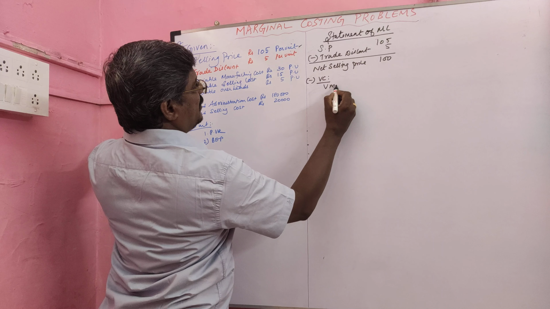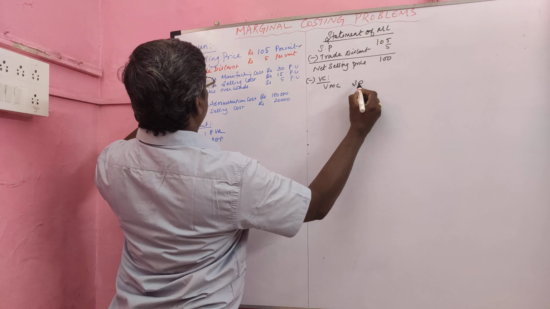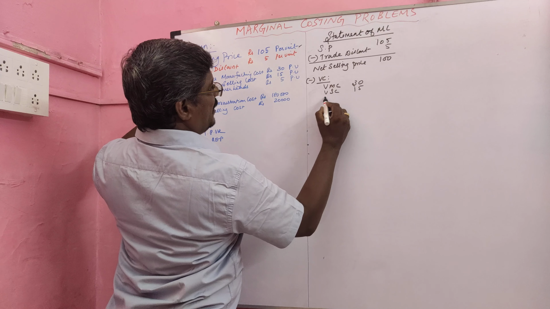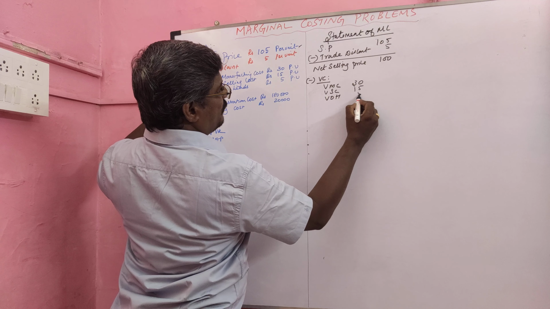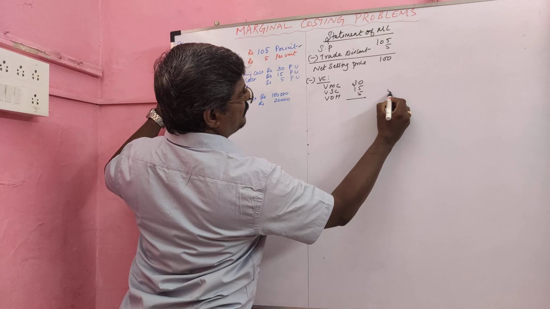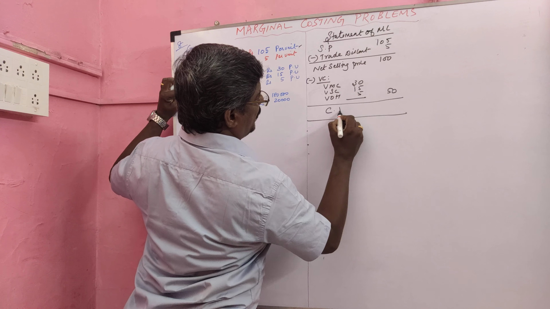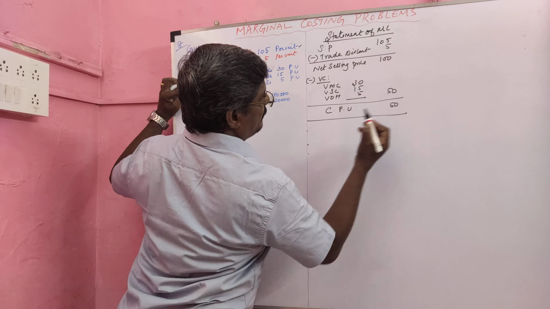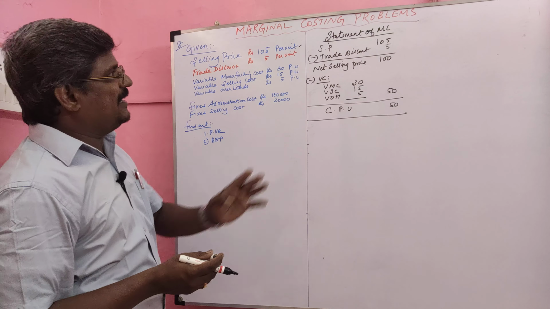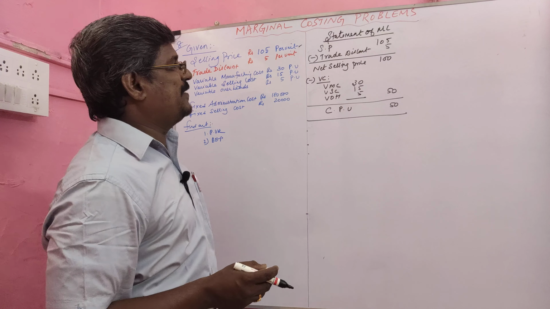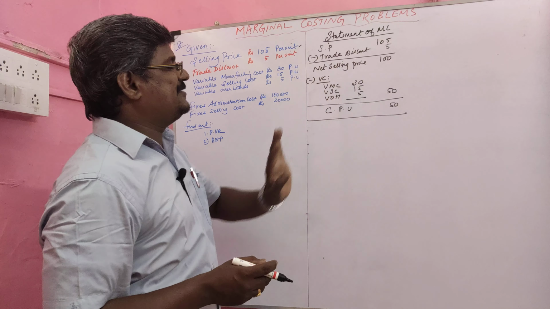Variable manufacturing cost 30 rupees. Variable selling cost 15 rupees. Variable overhead how much? 5 rupees. So total variable cost 50 rupees. Our CPU, contribution per unit, how much? 50. So here selling price is given. If trade discount is given, that should be deducted from the selling price. We will get one value, that is called net selling price.